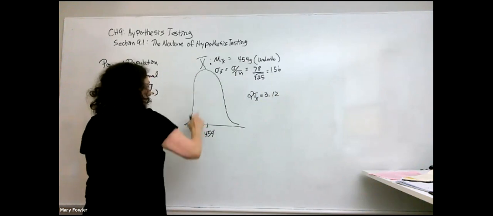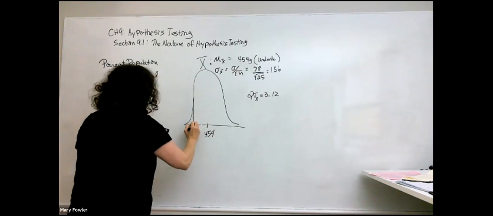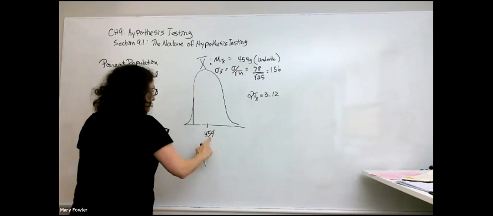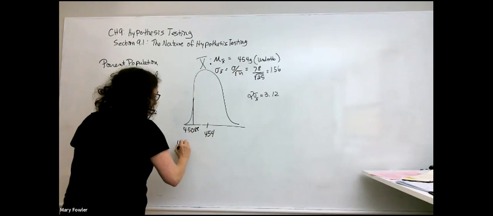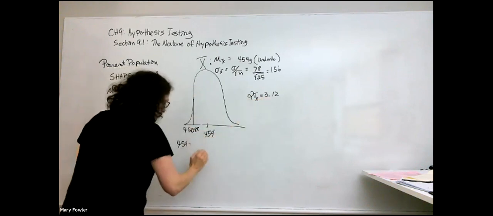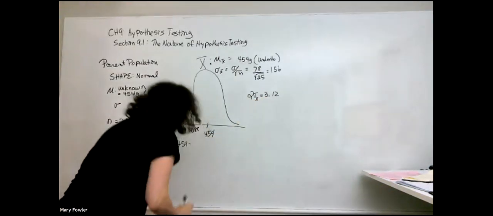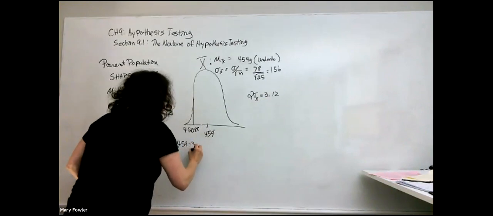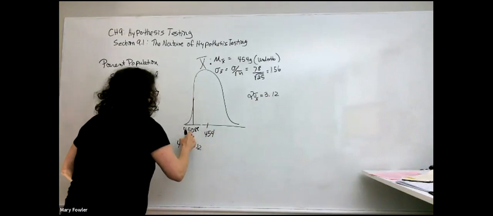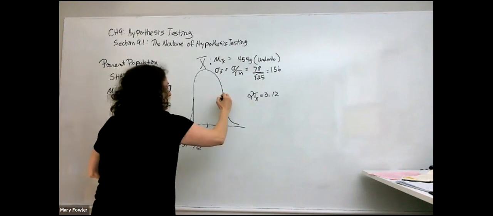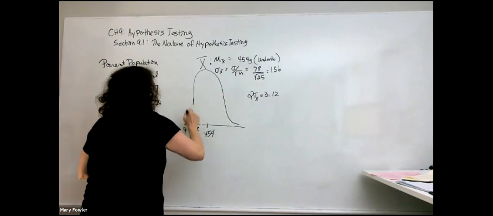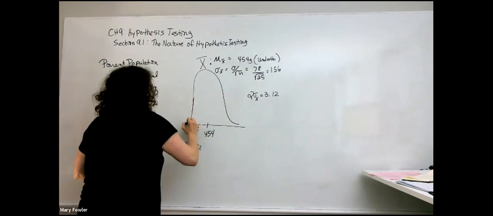On the graph here. So if we come down this much, so we have 454 minus the 3.12, 450.88 on that side, and over here, this is really a 2 sigma, so it's more like that.